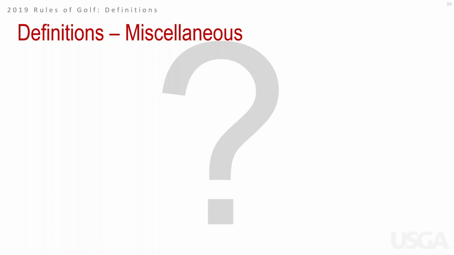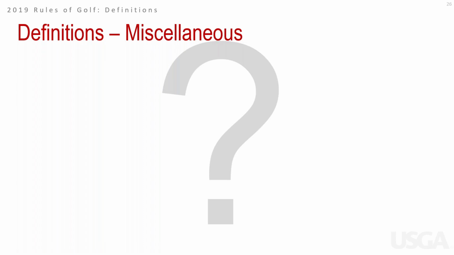Yeah, yeah. I got a follow up here on that last question about the search. What if player B searches for player A's ball and picks it up without marking, to identify it? So if player B, and we're talking about an individual stroke play competition, picks up player A's golf ball while searching, that's a good one.